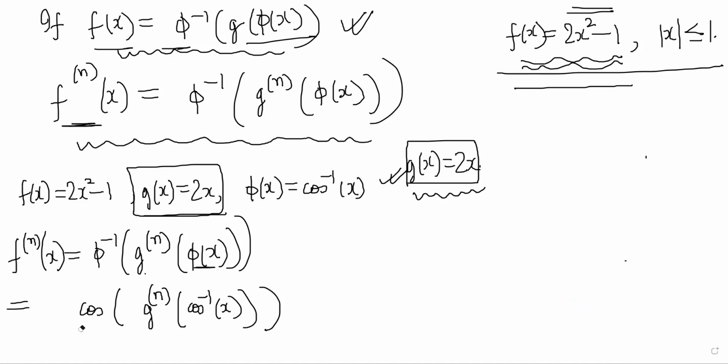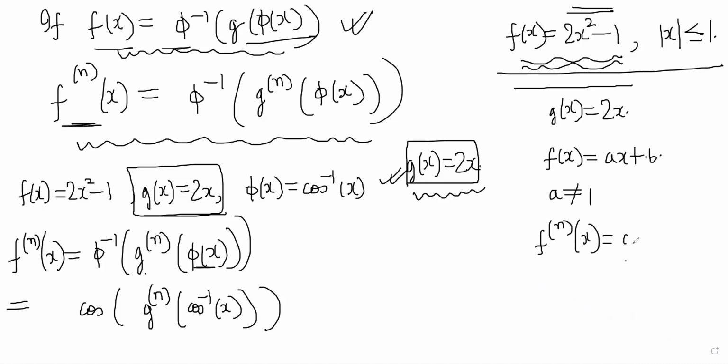But using the previous problem, if g of x is 2x, you will realize that this is a linear function of the form ax plus b, where if a was not equal to 1, f^n of x was coming out to be a^n x minus b by 1 minus a plus b by 1 minus a, right? And in this case, actually a is equal to 2 and b is equal to 0, right?